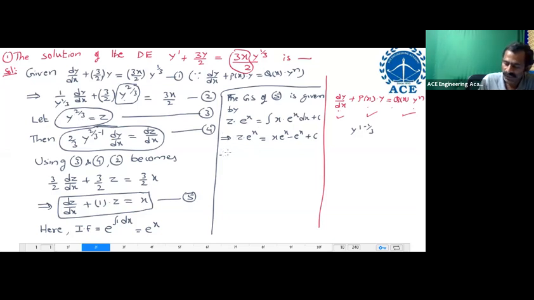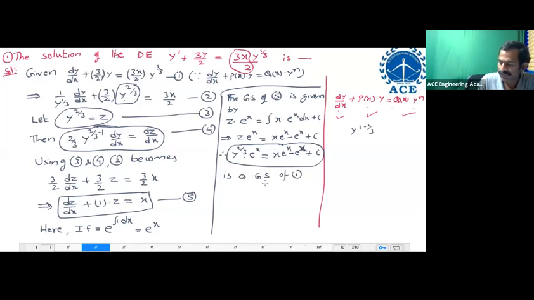Therefore, y power 2 by 3 into e power x equals x into e power x minus e power x plus c, is a general solution of equation 1.